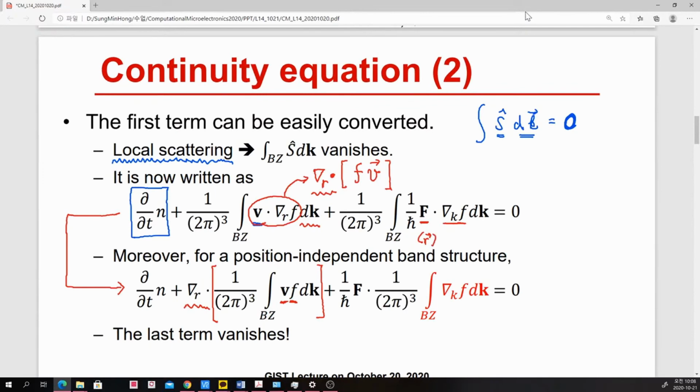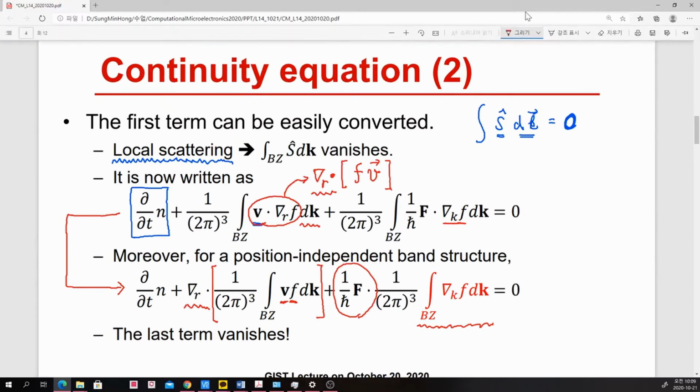Then we can easily pull it out here. Then the remaining thing is just the integration of the gradient of F with respect to our momentum variable.